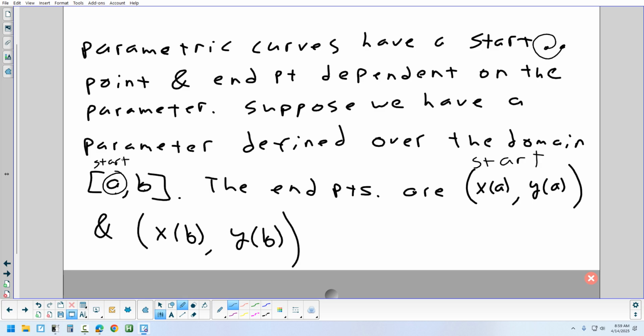So the lower number controls the start. If you take the higher number and plug that into your two formulas, the one for x and the one for y, that number is going to control where your graph stops.